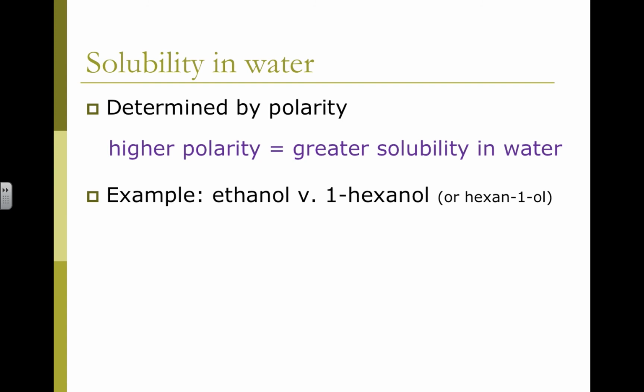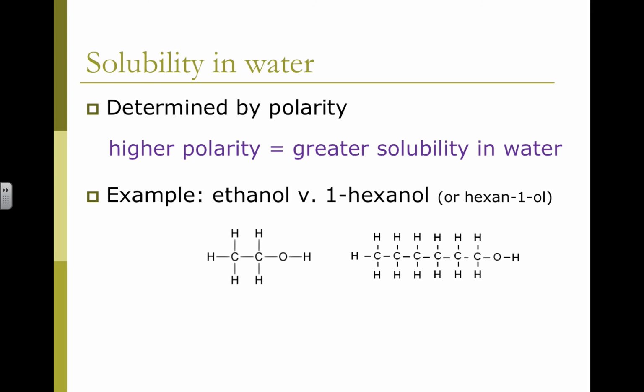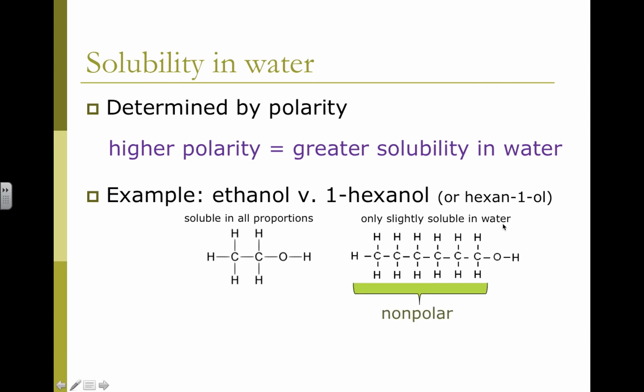Okay, so let's take a look at these two alcohols. We have ethanol and hexanol. So here's ethanol, here's hexanol. Well, both of them have this polar alcohol group that can form hydrogen bonds, but their solubilities are very different. Why? Well, look at how much of hexanol is nonpolar.